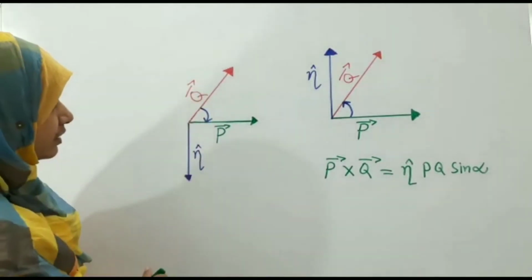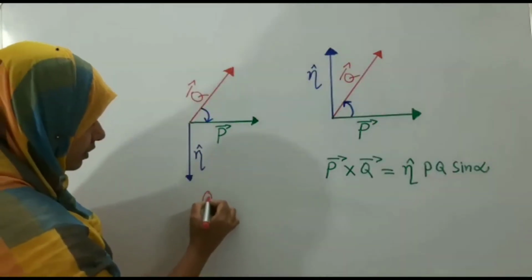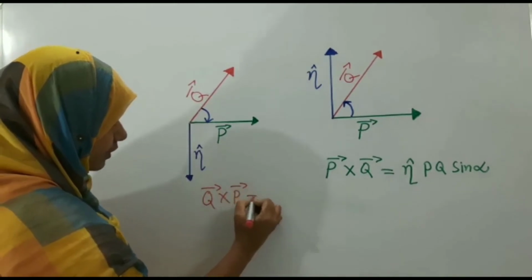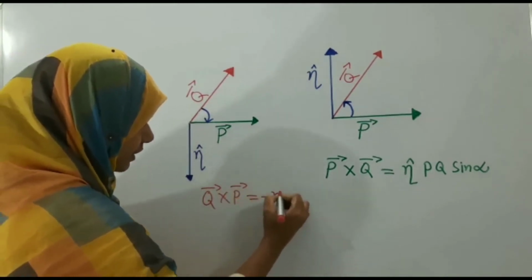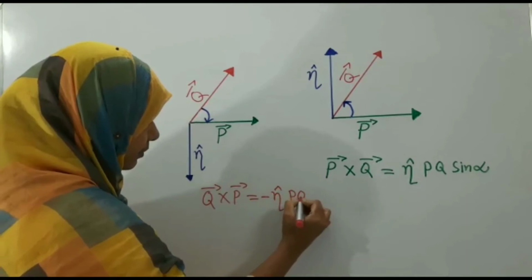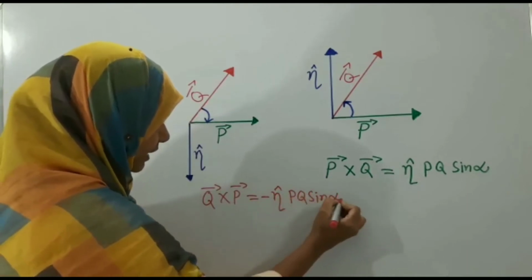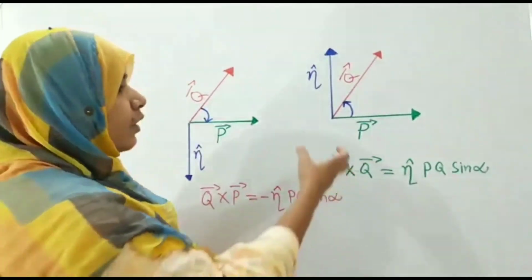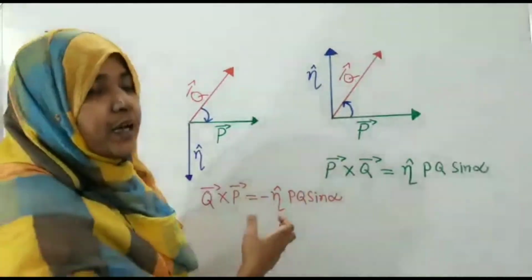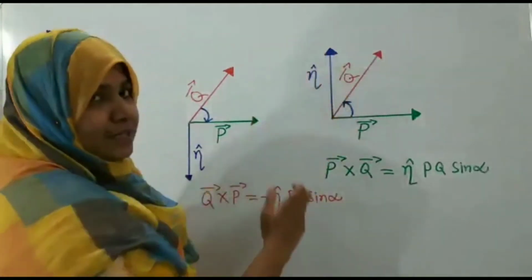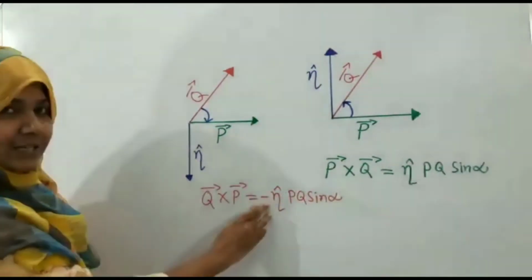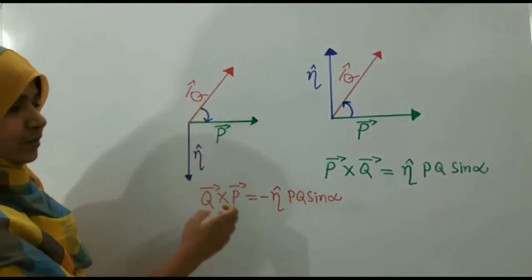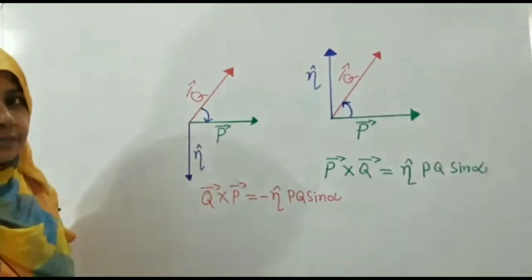So we can write that Q cross P is equal to minus eta PQ sin alpha. Why is that? Eta positive means this unit vector is acting perpendicularly in the upward direction, and here eta is negative, so the unit vector is acting in the downward direction. That's why this minus sign is used here.